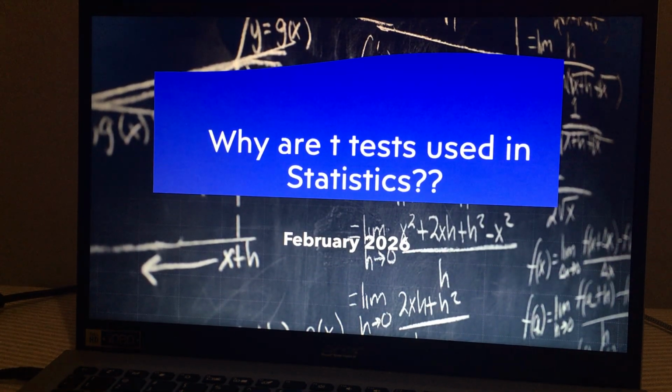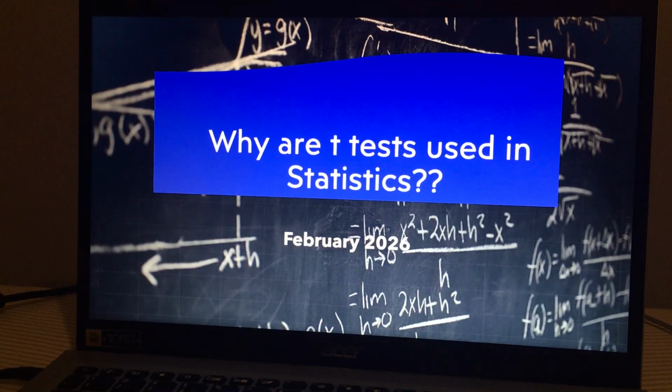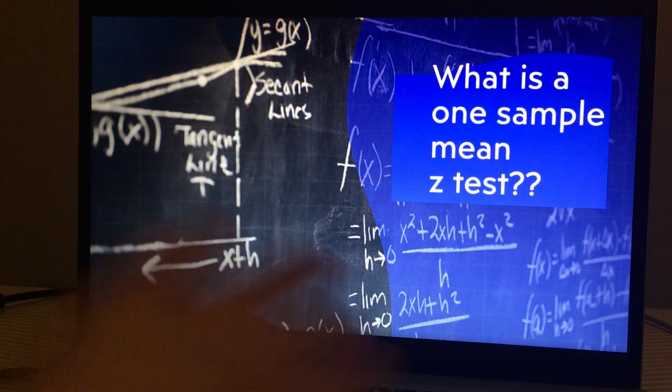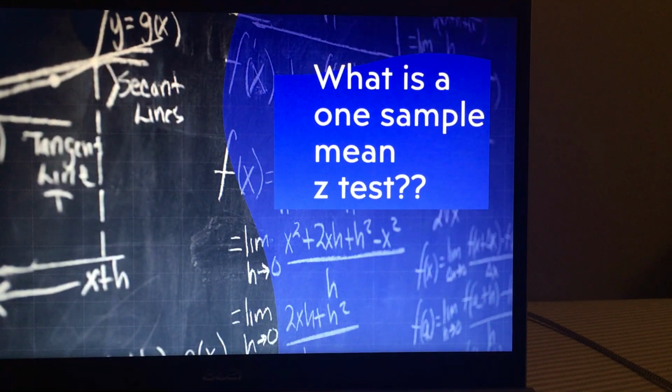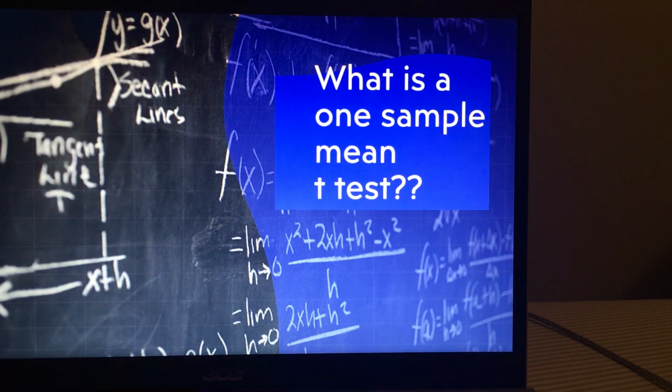that sometimes we have, hold on, I lost my page. So sometimes we might have the one sample, right? We may have a one sample mean test, like a z-test or a t-test, okay?